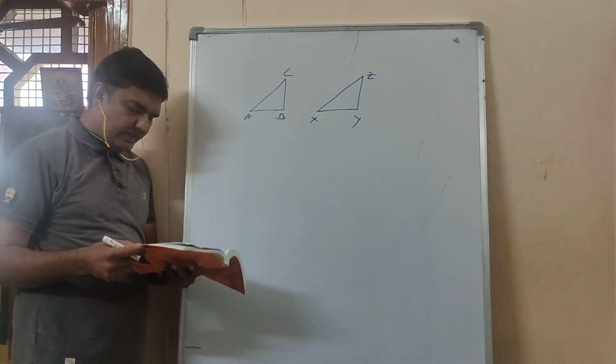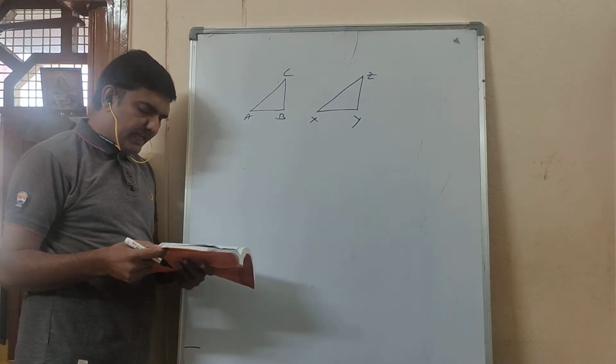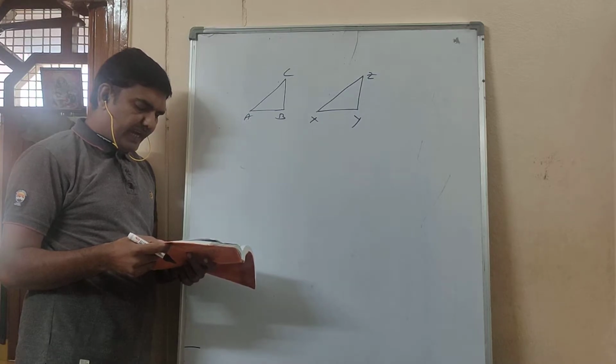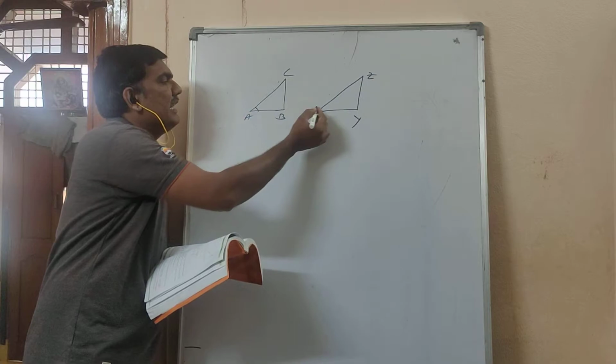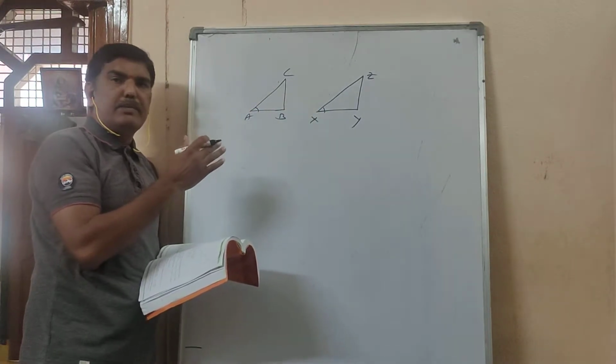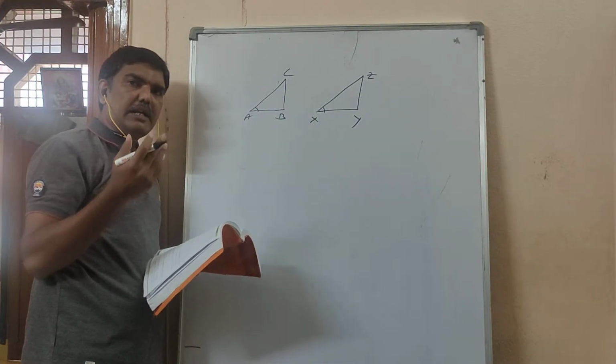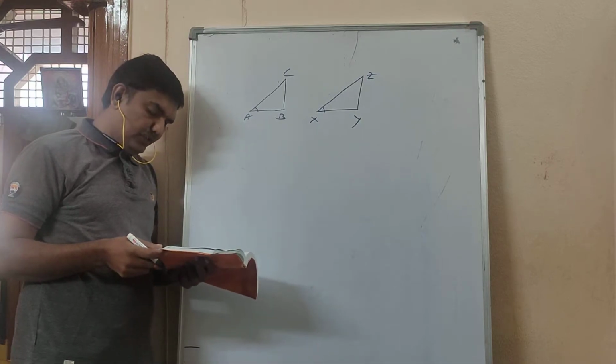Two triangles are there here. In triangle ABC and triangle XYZ, if angle A and angle X are acute angles, he said angle A and angle X are acute. Acute means angles less than 90 degrees and greater than 0.